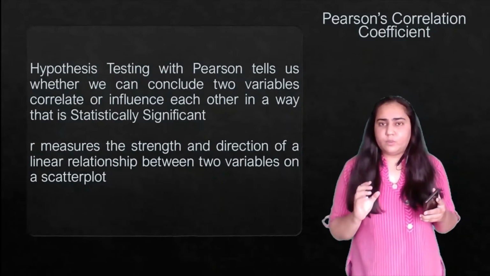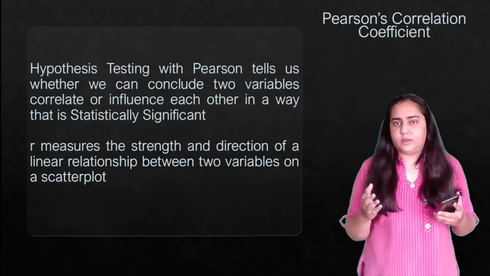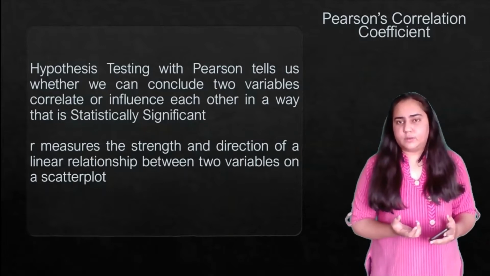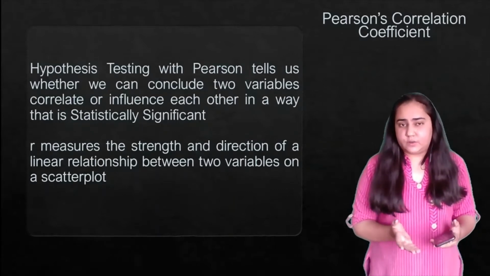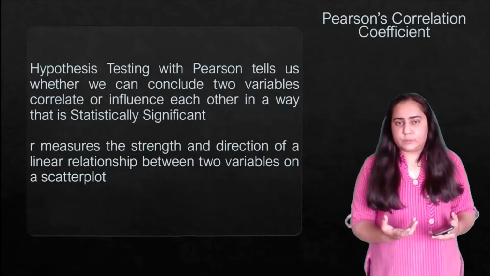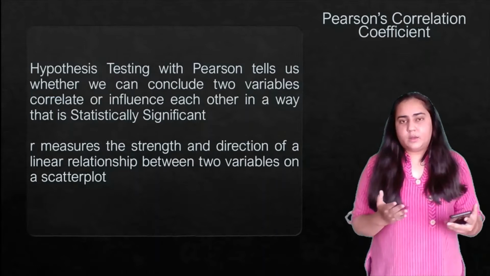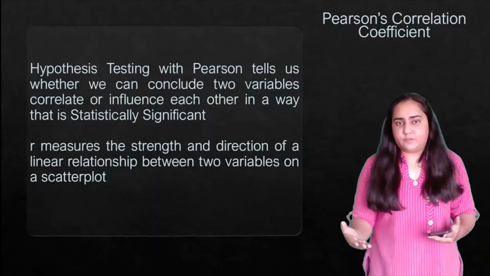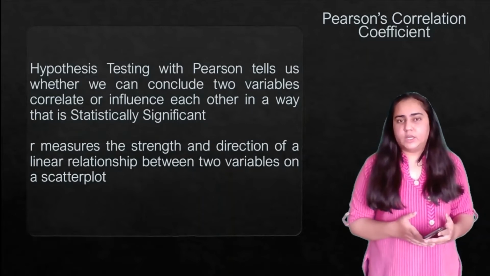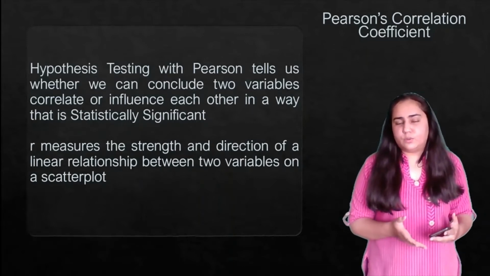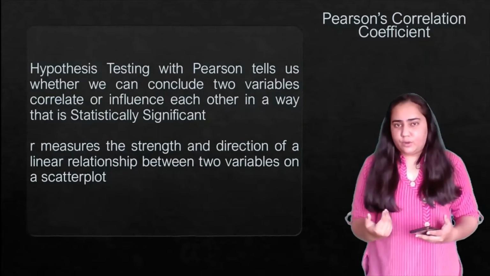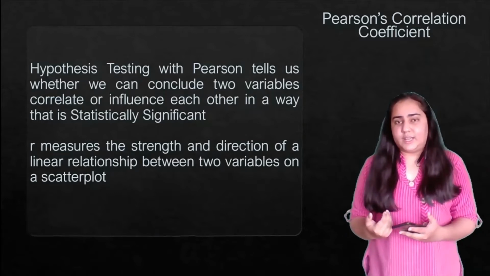When we talk about R, Pearson's correlation coefficient, we are not just talking about whether or not there exists a linear relationship. We are also talking about the strength of that relationship, to what extent one variable affects or influences another variable, and also the direction, which is important because we want to know whether being older means earning more or earning less.